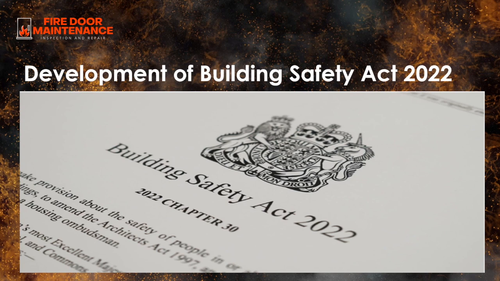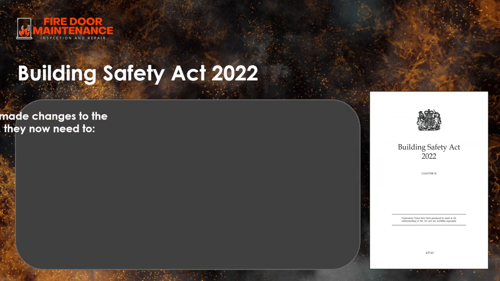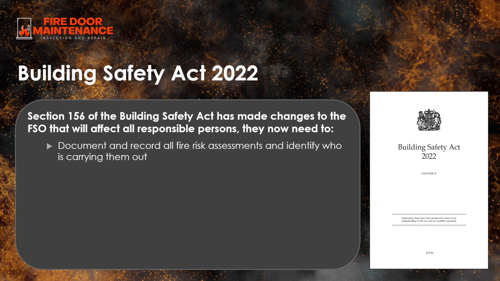There is a specific section in this Act which makes significant changes to the roles and responsibilities of all responsible people in relation to fire safety. The responsible person now needs to ensure that they document and record all fire risk assessments and identify exactly who is carrying them out.